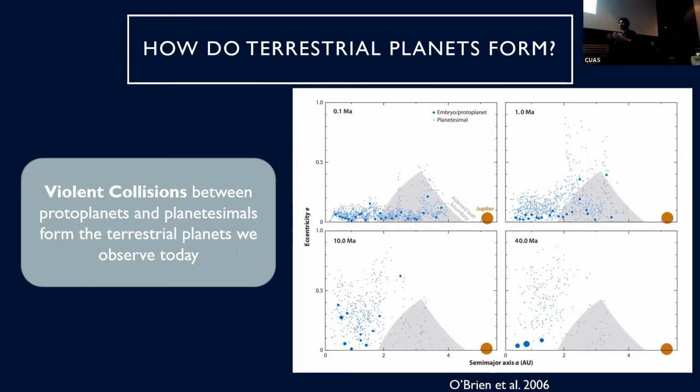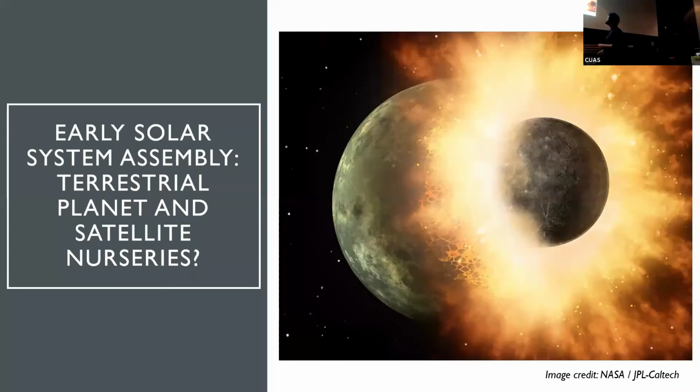As these things collide, they gradually grow. It's the collisions between these planet embryos that create ever larger bodies. That's what this diagram is showing. Over 500,000 years, 1 million years, 10 million years, 40 million years in the final plot, you end up with structures that look a little bit like some of the solar system planets.